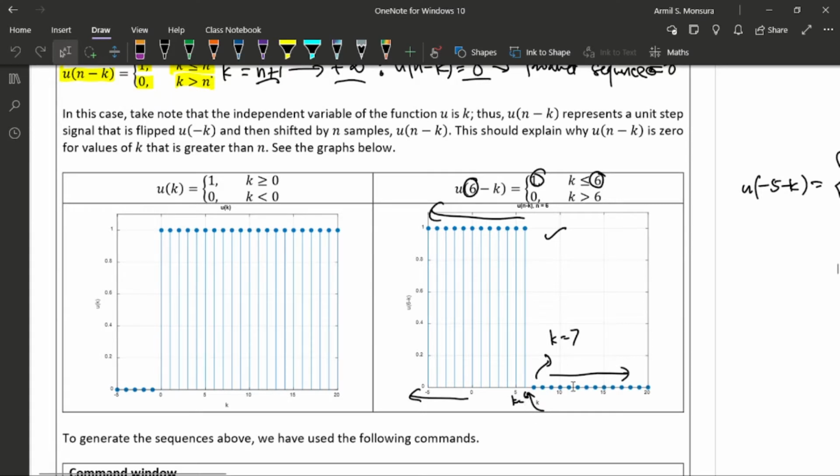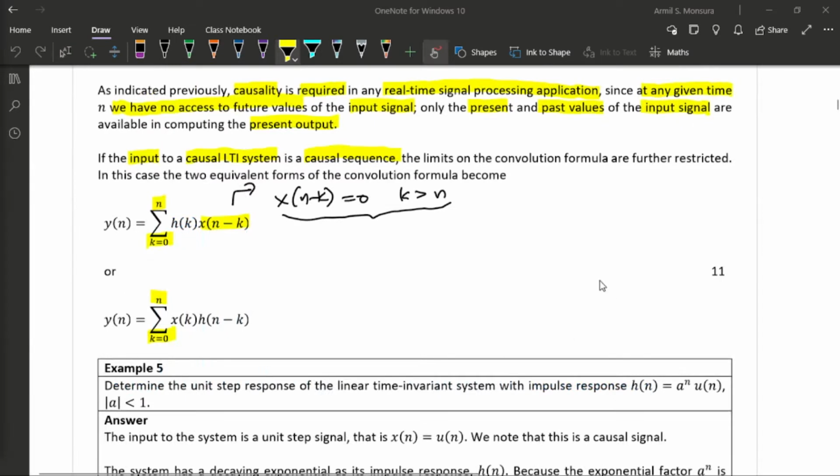So as you can see, your sequence is 0 for time index that is greater than that amount of shift, which in this case is 6. So as you can see, your x[n minus k] is 0 for k greater than n. So therefore, from n plus 1 up to infinity, this product sequence will also become 0.